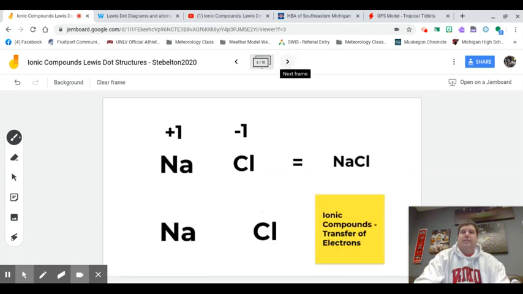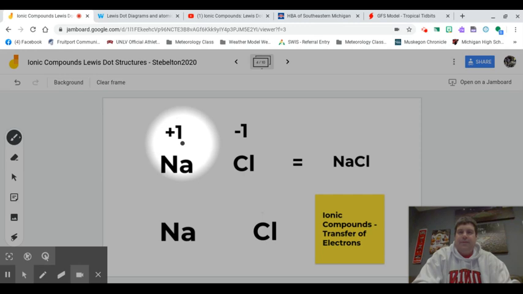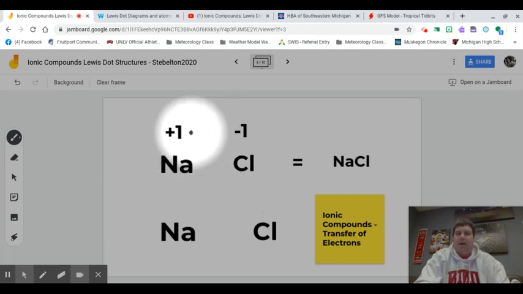So going back to this sheet right here, sodium, we put a +1 charge above it, chlorine, a -1. And remember from Chem A, if they have the same number, but opposite charges, plus minus, they cancel out. So if you write the formula for sodium chloride, you would just write NaCl with no subscripts.